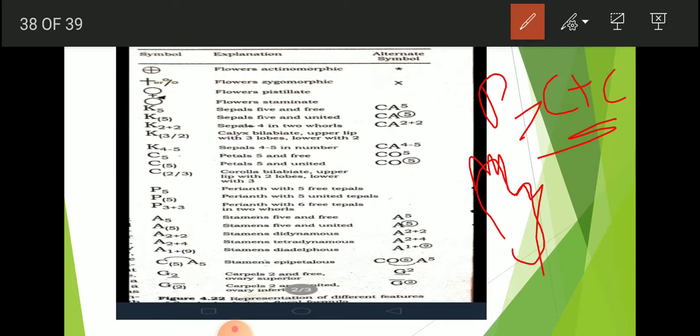Then perianth with 3 plus 3 means there are 2 whorls, each having 3 tepals. Total is 6, but there are 2 whorls of 3 and 3.